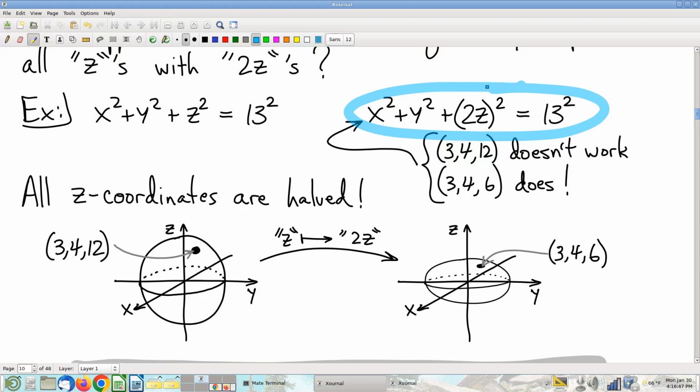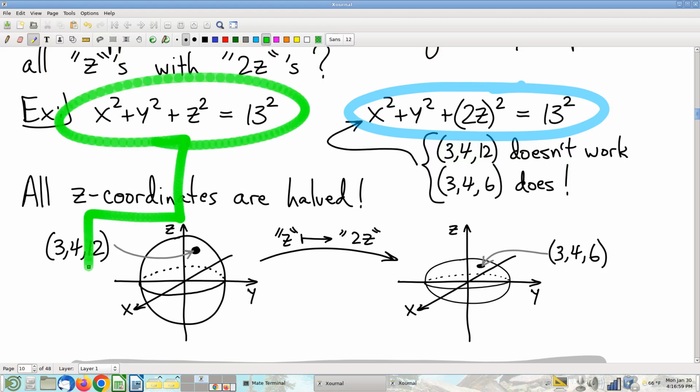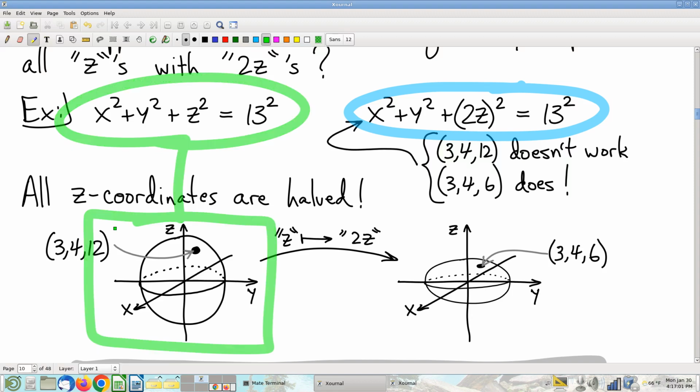I could make a rotation argument here, to be fair, but let's say I didn't want to. Let me point out that this equation looks an awful lot like this equation, which I already understand. This just says rho equals 13. It's a sphere. Boom, done. Easy observation. This equation we love because it's immediate and I know exactly what it is.